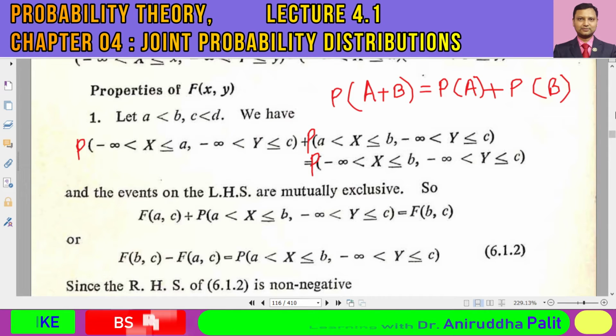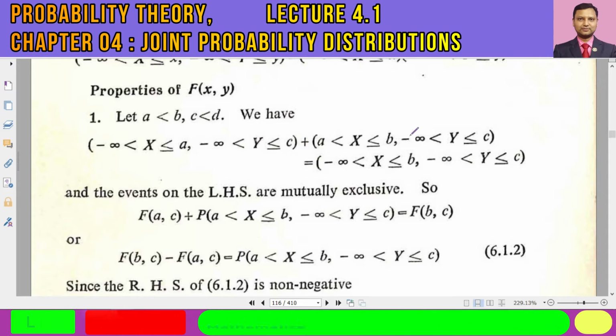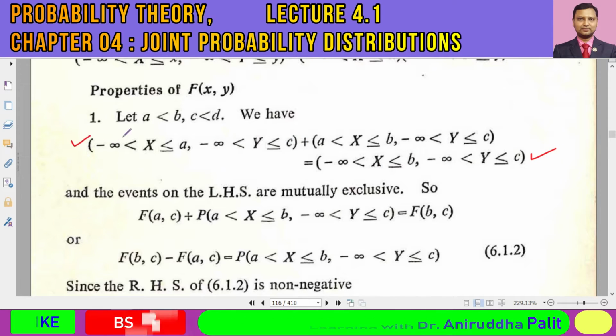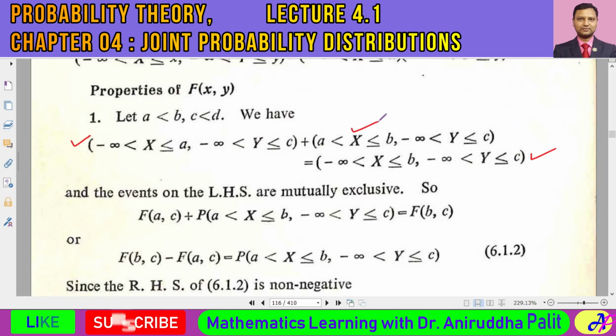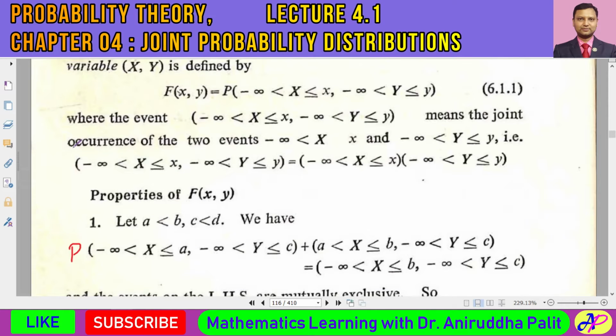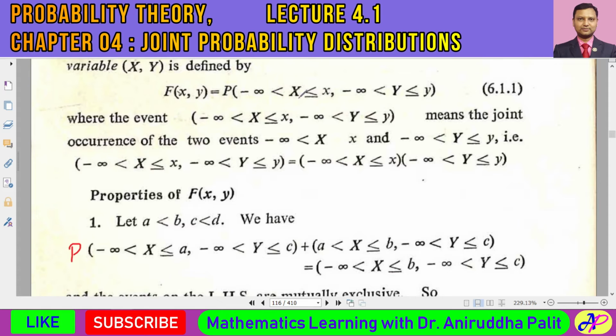Got it? So applying this third axiom, we get this result: the probability of this event must be equal to the probability of this event plus the probability of this event. But what is the probability of this event? If you look at the definition of the probability distribution function, you see minus infinity less than capital X less than or equal to small x, and minus infinity less than capital Y less than or equal to small y.